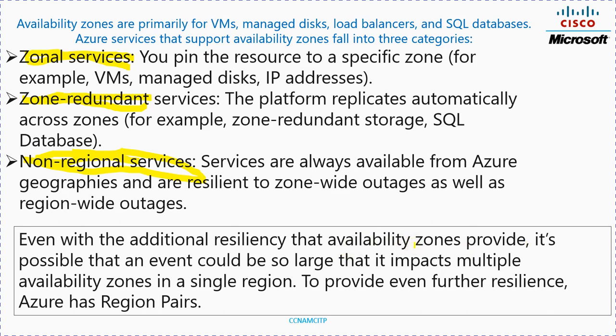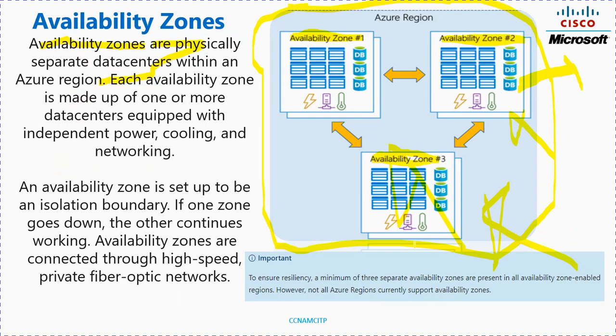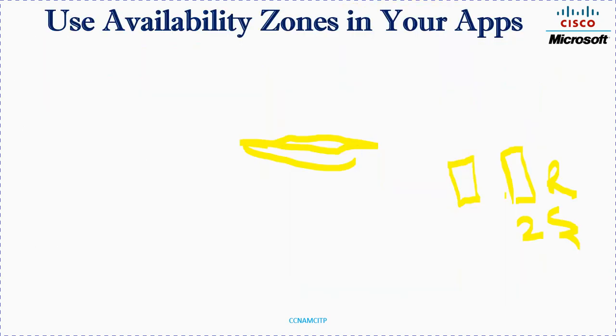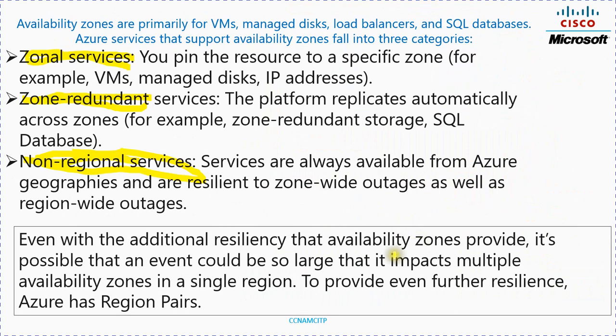There is a possibility, because nothing is certain. They try to give you 100% uptime, but yes, all can be down at one time. An entire region can be down. In that condition, to provide even further resiliency, Azure has region pairs.